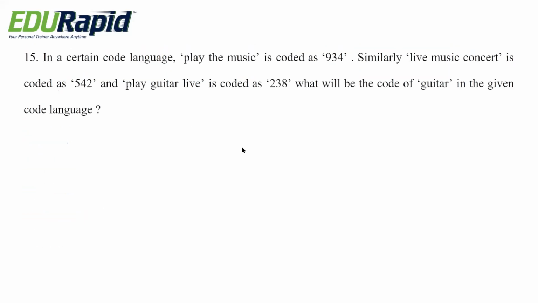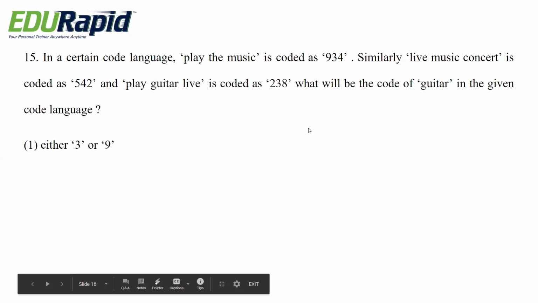Next question. In a certain code language, play the music is coded as 934. Similarly, live music concert is coded as 542 and play guitar live is coded as 238. So what will be the code of guitar in the given code language?